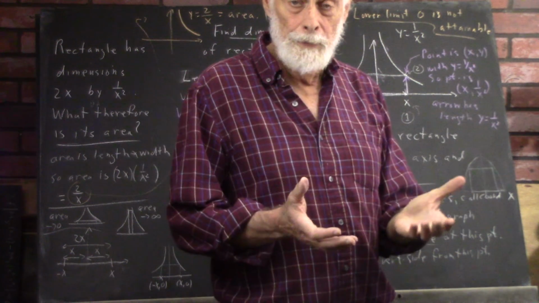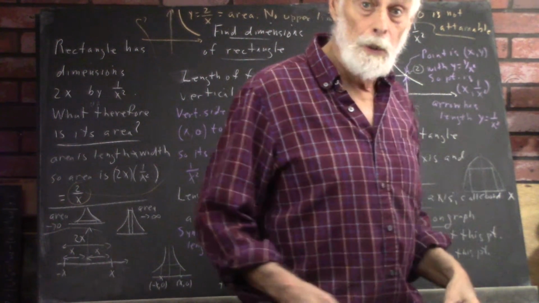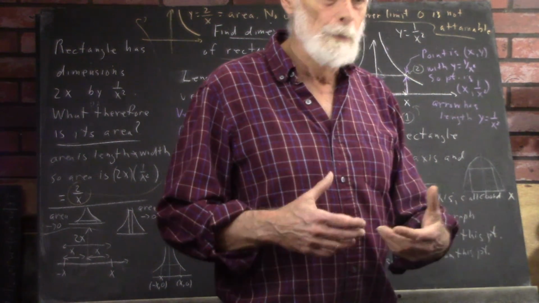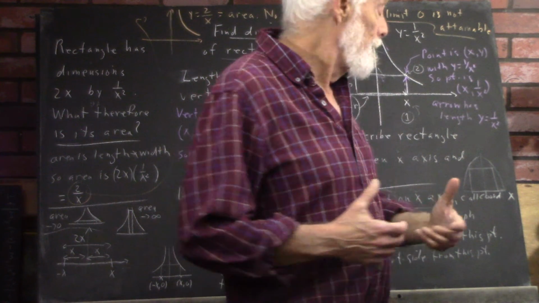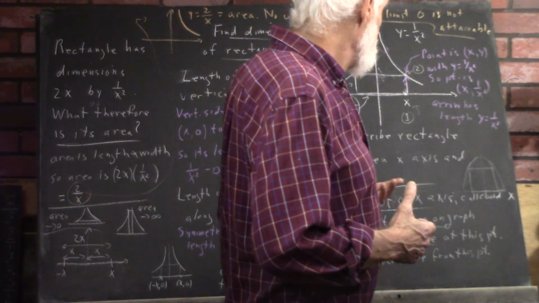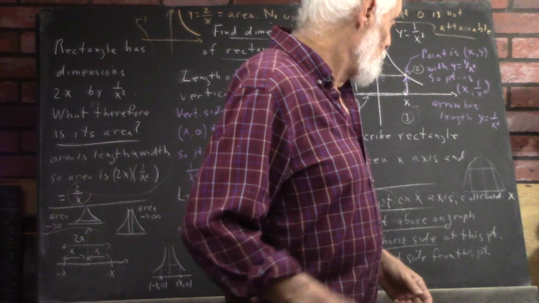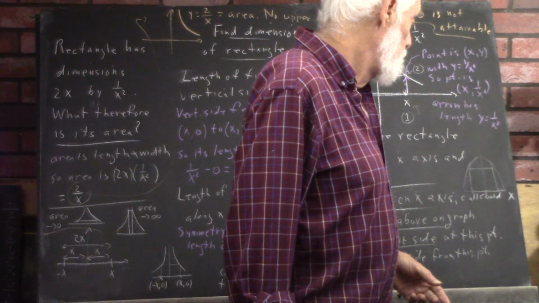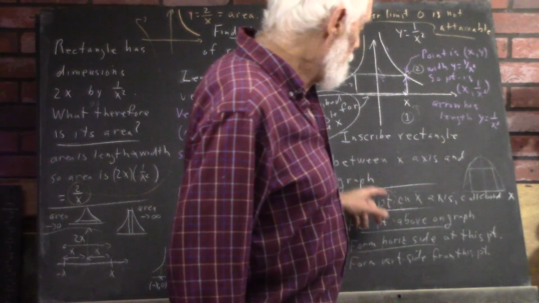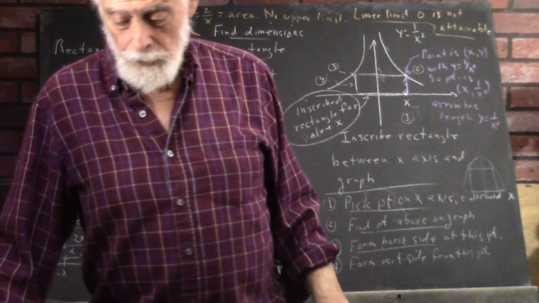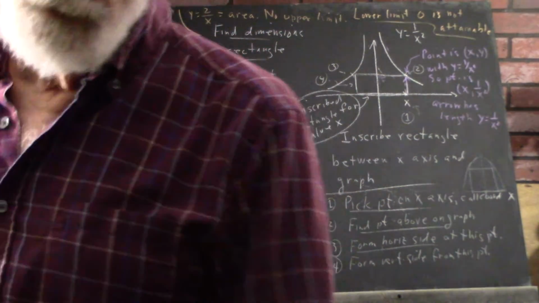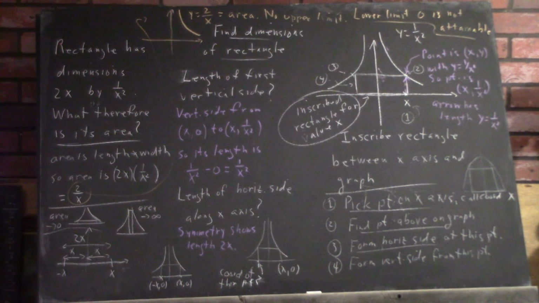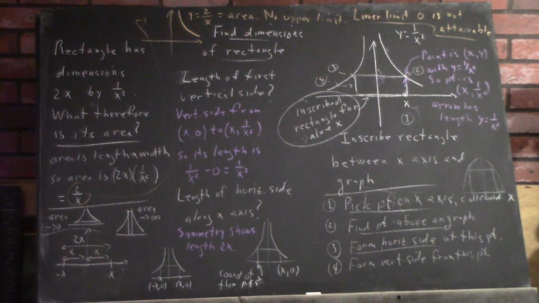It might open upwards. It's not going to have its vertex on the y-axis, but its vertex is going to tell you what the maximum or minimum area of the rectangle would be. So you can proceed if you follow the steps, and you should get a result that fits in with what you know about quadratic functions and the vertices and the way you get the maximum and the minimum by looking at the parabola.